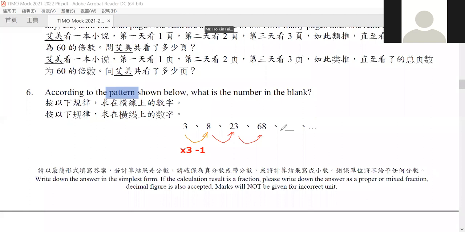So finally the rule will be 68 multiplied by 3 minus 1, which will be our final answer. 68 times 3 is equal to 204, minus 1, and hence our answer is equal to 203. Okay? So our answer is 203.